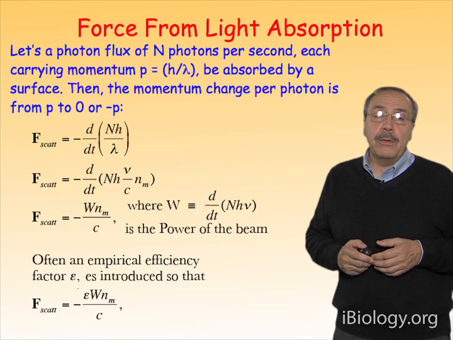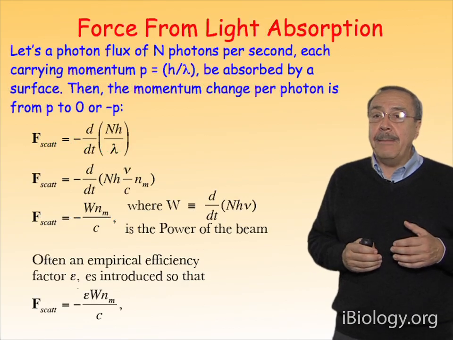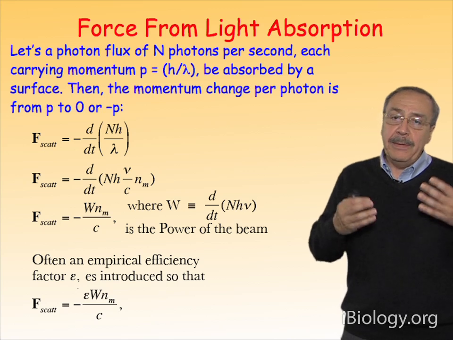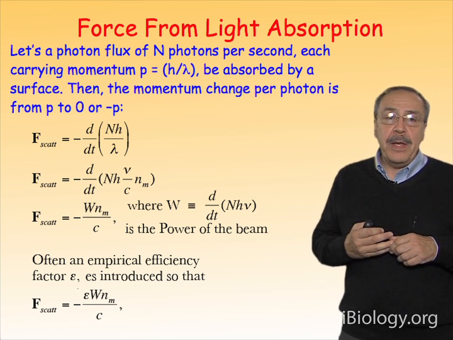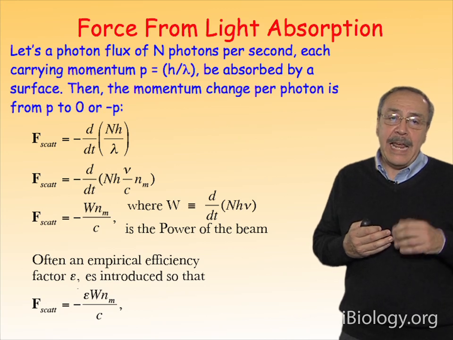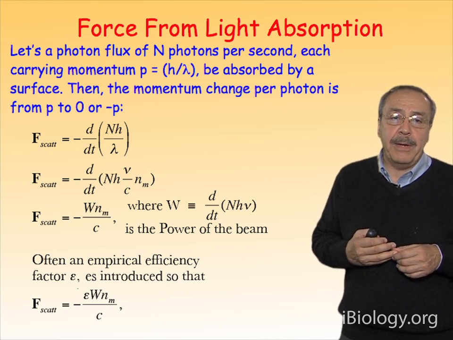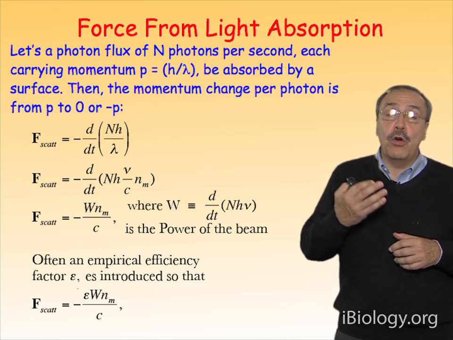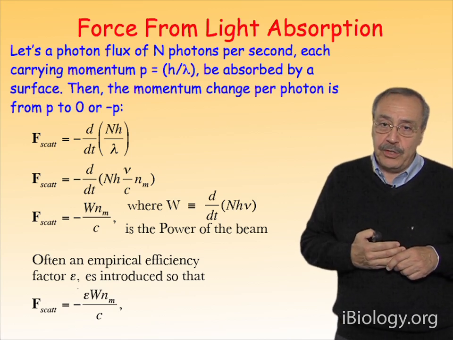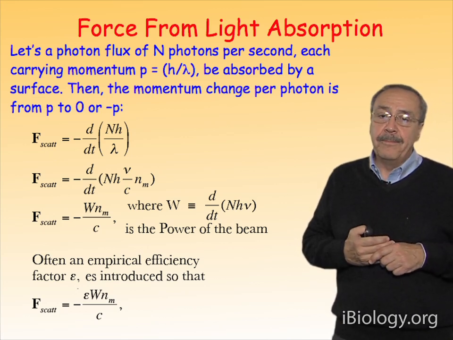Now, let's assume that we have n photons coming towards a surface per second, and each one of them carries a momentum h, the Planck constant, divided by the wavelength of light, and that these photons are going to be absorbed by this surface, which they are hitting, right?